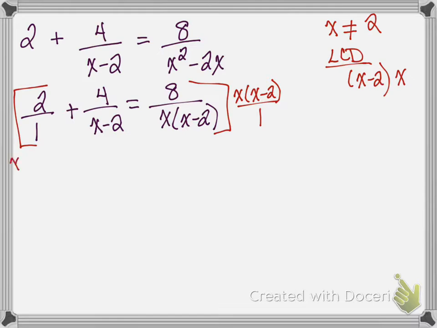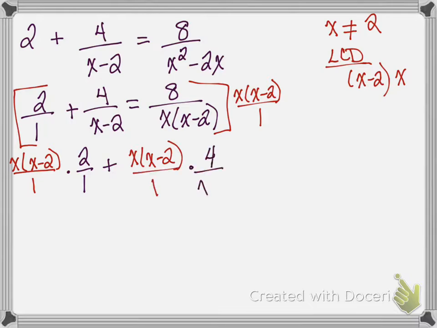Okay. Now, I'm going to multiply everything by x times x minus 2. Okay? X times x minus 2 over 1 times 2 over 1. X times x minus 2 over 1 times 4 over x minus 2.